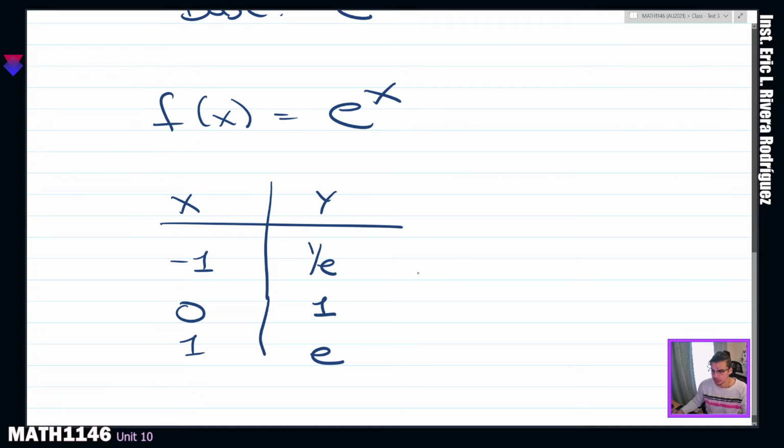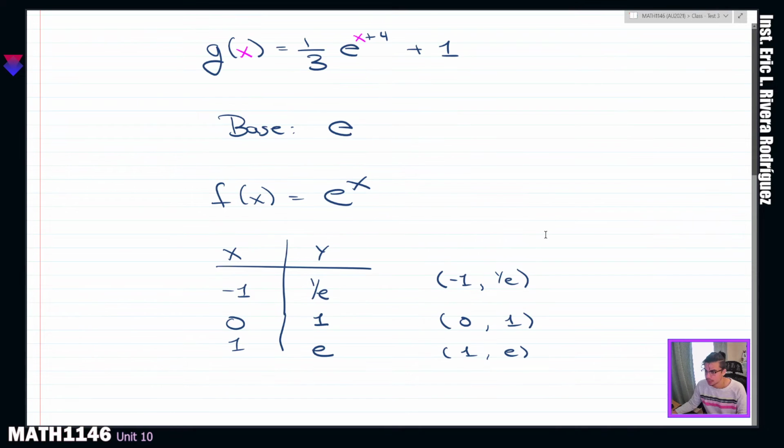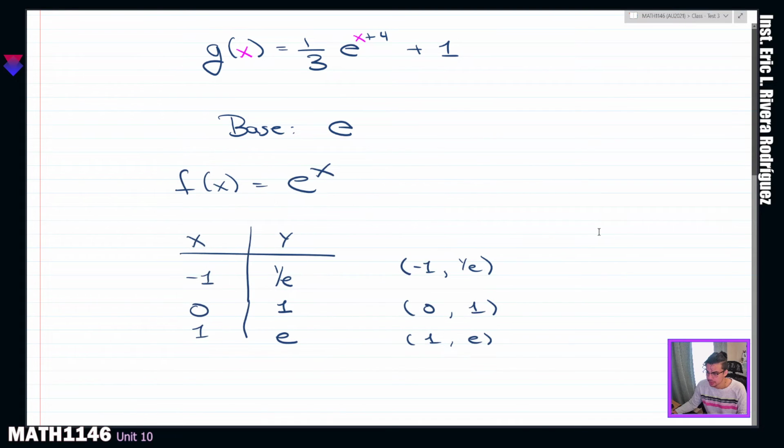Okay, so those are the key points. Let me put them in coordinate representation. So -1, 1 over e, 0, 1, and 1, e. Okay, but that's the parent function. Now we want g of x. Can you help me identify the transformations?